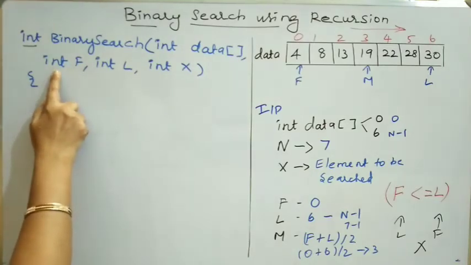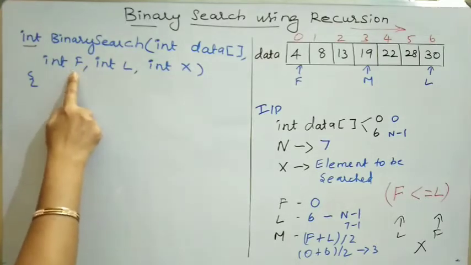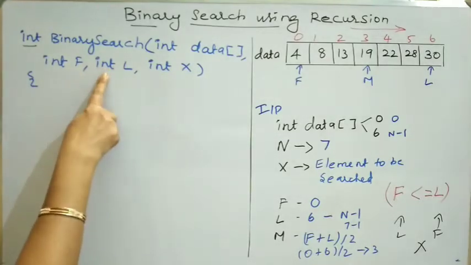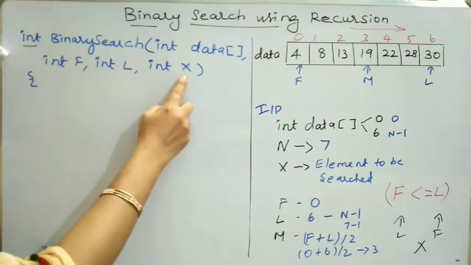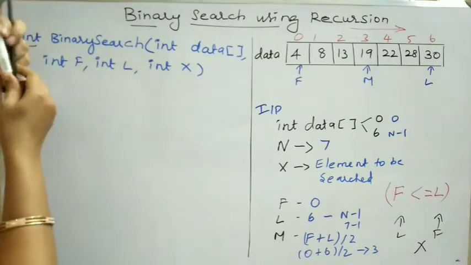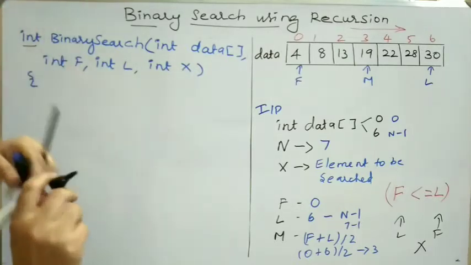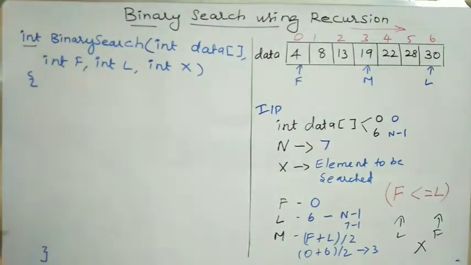It is of integer data type. f is going to point to the index position of the first element from where I need to start my search. Then the third variable is l. It is also integer data type. l is the index position of the element up to which I need to search. Then the last parameter is x. It is the element which I am looking for in the given set of elements. So this is my function prototype of the binarySearch function.